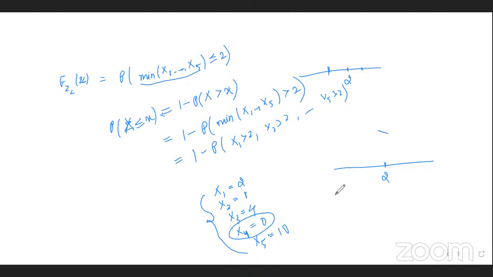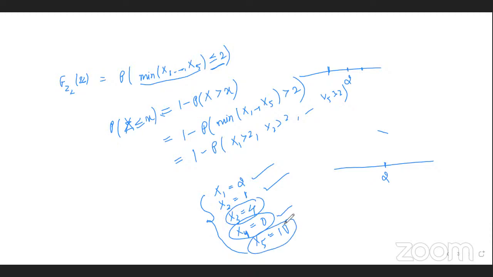In this case, the minimum is less than or equal to 2. So which random variables satisfy that? X1 is satisfying this, X2 is satisfying, and X4 is satisfying. But does that mean that X3 and X5 are less than 2?